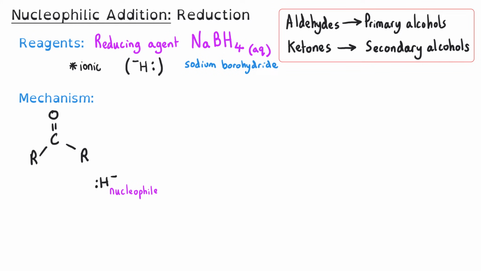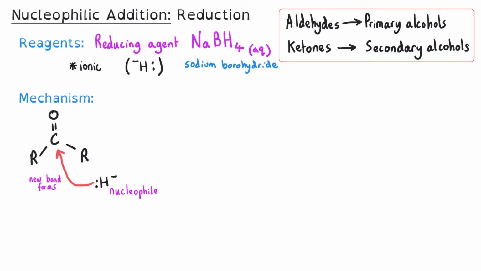And so the delta positive carbon is attracted to the hydride ion. And so what happens is the hydride ion attacks this slightly positive carbon atom and uses its lone pair to form a new bond between the carbon and the hydride ion. And that's down to the attraction between the two of them.